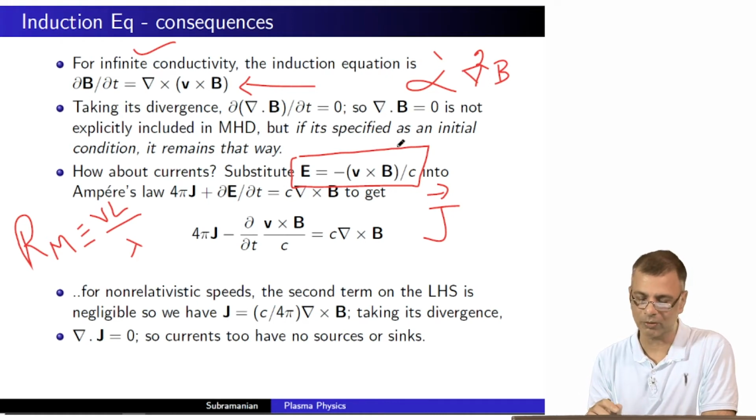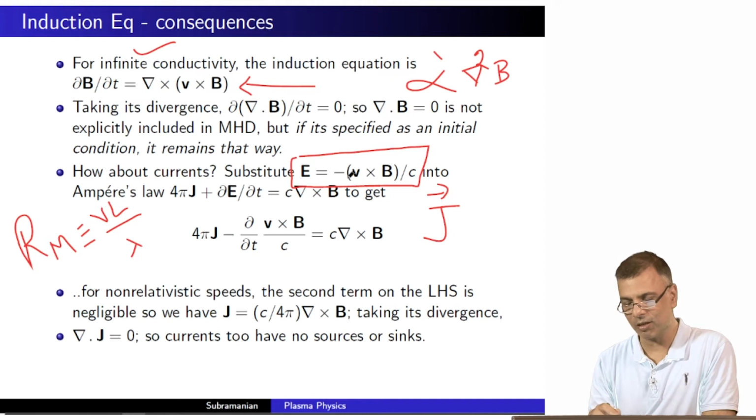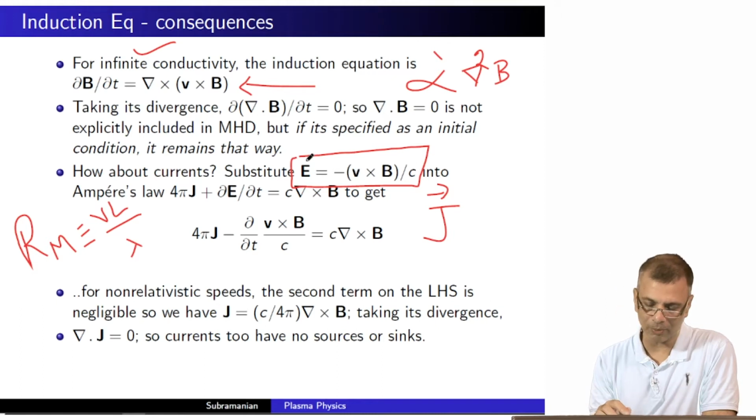So in the lab observer's frame, there is a finite electric field. It's another matter that since the V is non-relativistic, in other words V over C is very, very small, the magnitude of the E will also be small, but nonetheless it's small but finite. Okay, so now what we do is we substitute this in Ampere's law to get this kind of an equation.